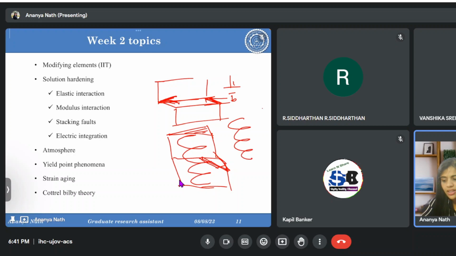So there the slip direction and the Burgers vector direction are parallel. If you want me to discuss Burgers vector, we can discuss this topic.